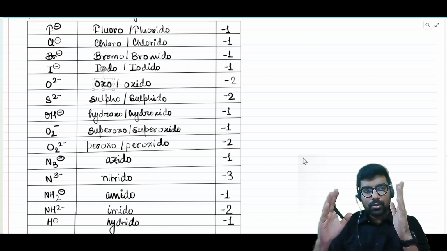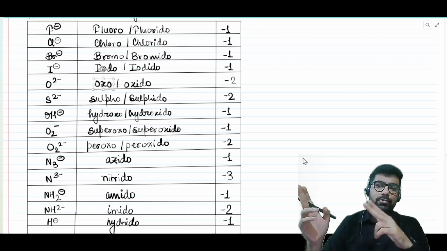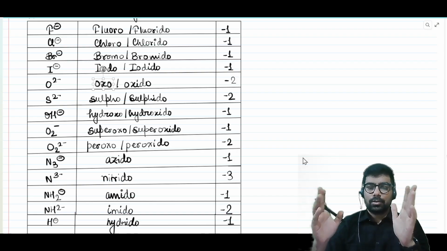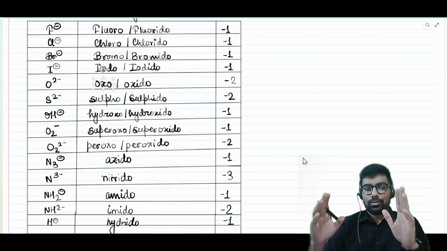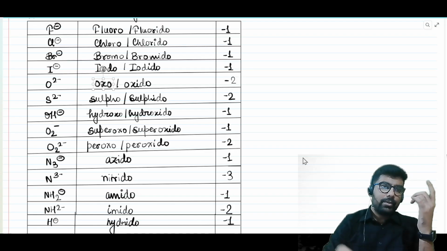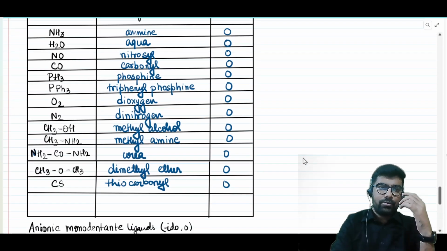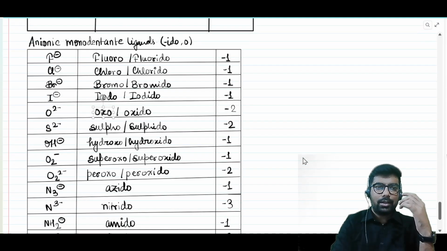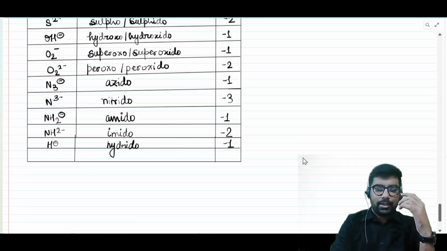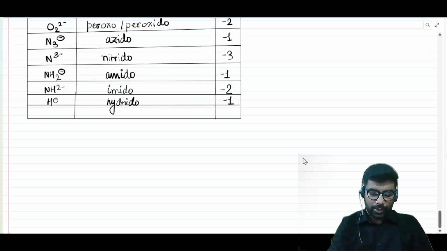So follow only one sequence. Don't jump between the two sequences and get confused. So first we have done the neutral monodentate ligands, then we have done the anionic monodentate ligands. In the anionic you have seen we are adding O or ido.